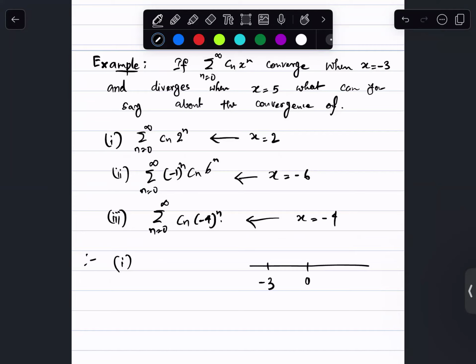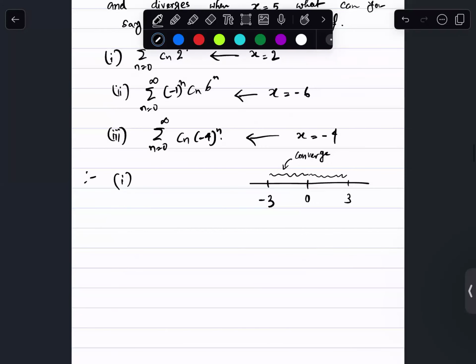So from 0 to -3, for this range, the series converges. And if the series converges for -3, then it should also converge for +3, right? So this whole thing is inside my interval of convergence.